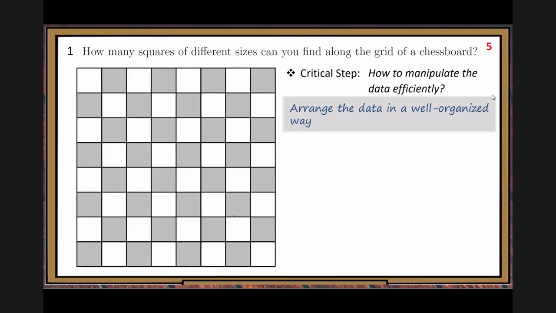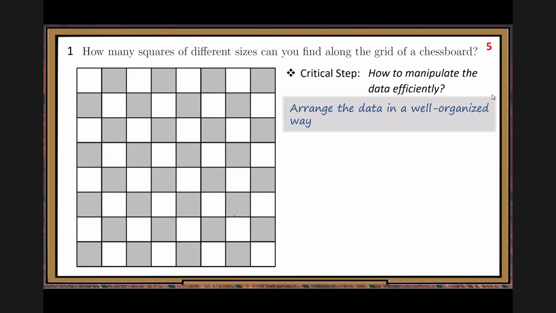Here, we can find our data easily. Sometimes we need to search our data with special properties. If it's well organized, we can find the required data quickly. Otherwise, too messy, how to find the required data piece? It takes a lot of time, and your algorithm will be very slow.